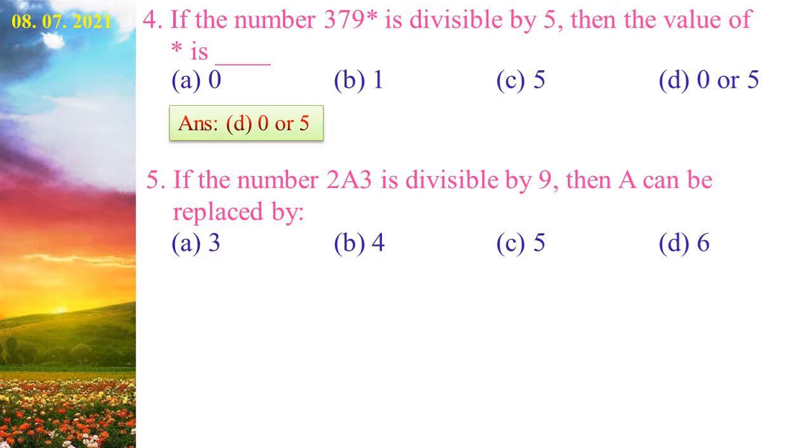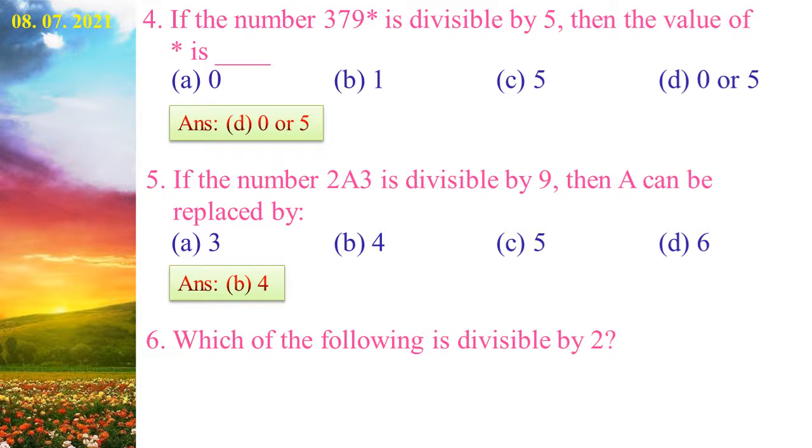Option A 3, option B 4, option C 5, option D 6. Which is the correct answer? Yes. Option B 4. The rule of 9 is a number is divisible by 9 if the sum of its digits is divisible by 9. So, the possible number is 4.